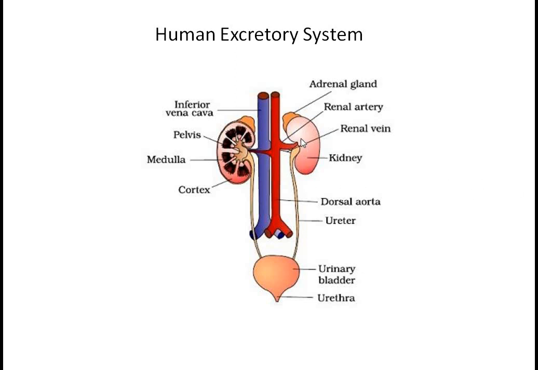The urine, the final waste product which is excreted, is removed through this ureter. Both kidneys have one ureter each, and it is connected to the bladder, a balloon-like muscular structure. When the bladder is filled, urine passes through the urethra. The opening of the urinary bladder is called the urethra.